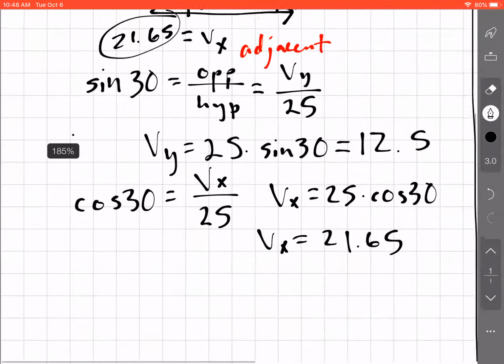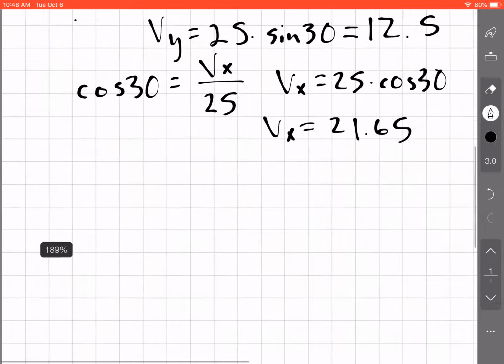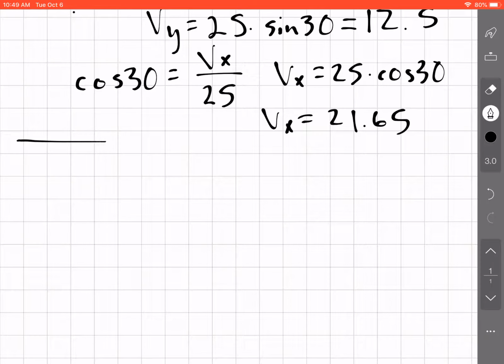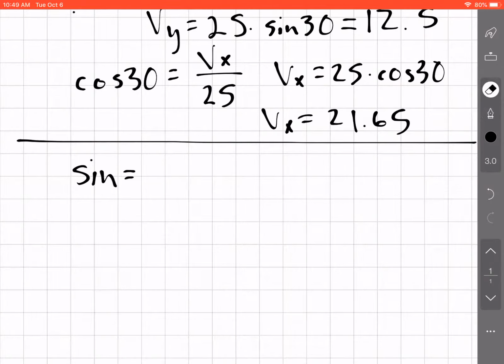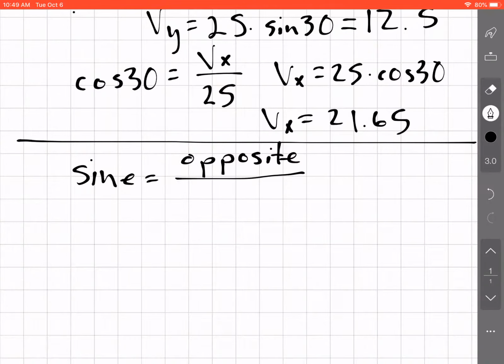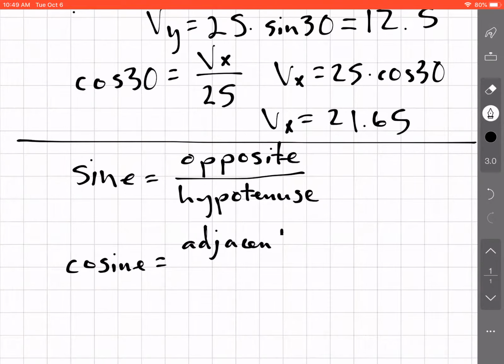Taking a step back now, that's kind of an example of doing this straight through. We need to remember what our ratios are. Sine is opposite over hypotenuse. We need to remember this from analytic geometry, probably last year or the year before. Cosine is adjacent over hypotenuse.